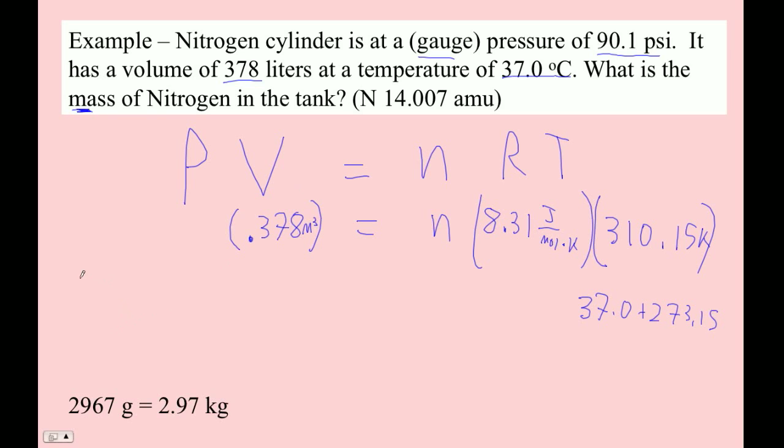Okay, so the absolute pressure is going to be 14.7 plus the gauge pressure, right? That's the absolute, right? So 90.1 plus 14.7 is 104.8, right? And that is PSI, right?